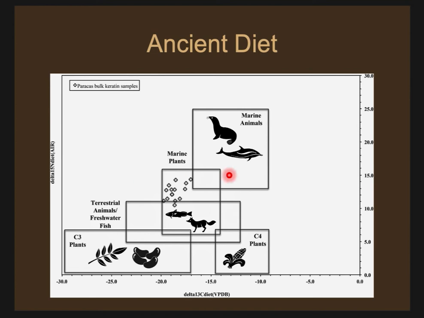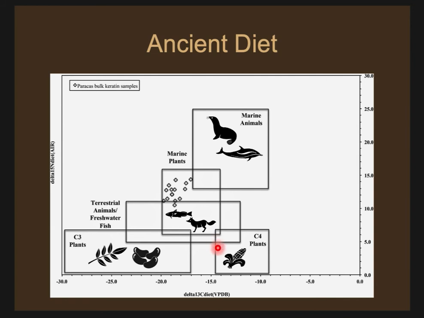Well, it turns out that marine animals and plants and different kinds of terrestrial plants will have different proportions of C13 or C12. And when you eat these different animals and plants, the C12 and the C13 are absorbed in your bones, and they show up in a chemical analysis of your bones.